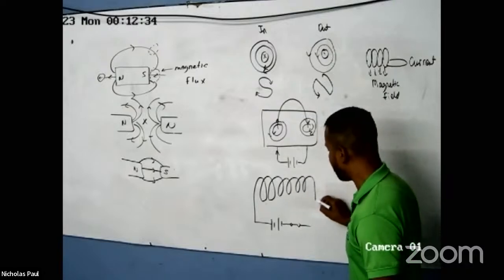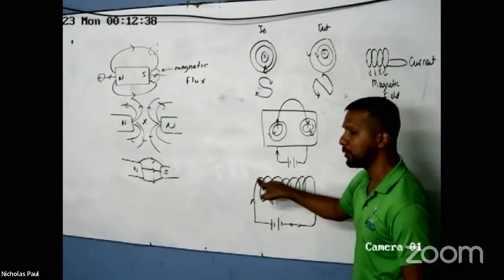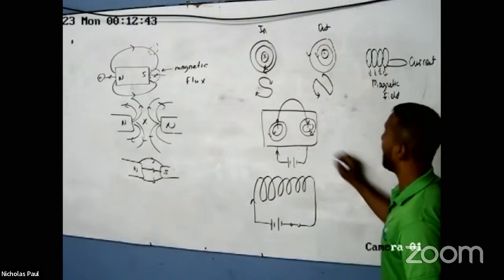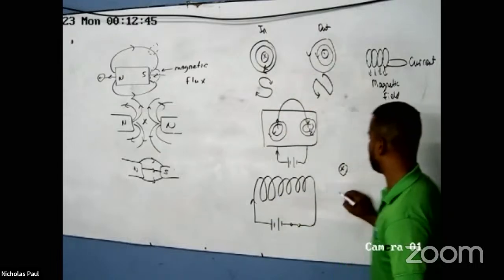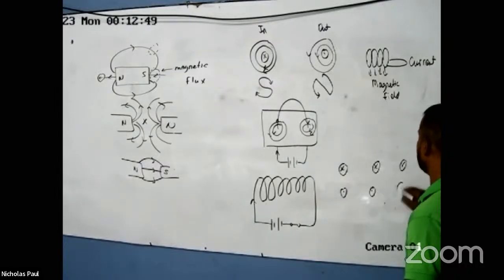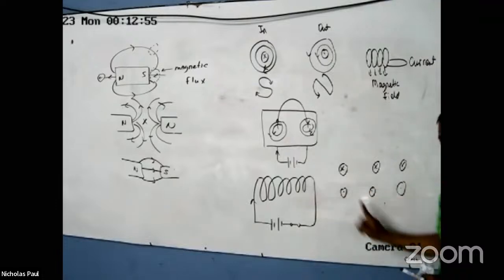In is an X, and it's coming out at the bottom. That's okay? So what you have here is a solenoid. You could draw a solenoid like this or like this. You have to figure out now the magnetic field around a solenoid.